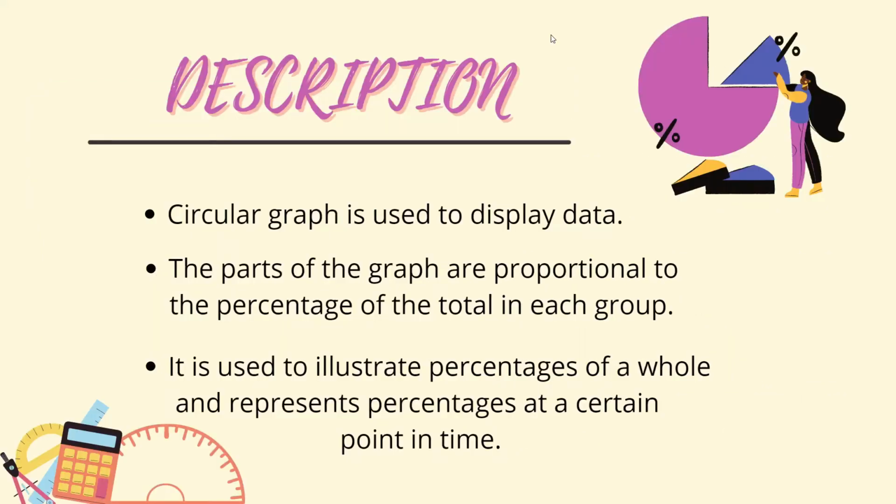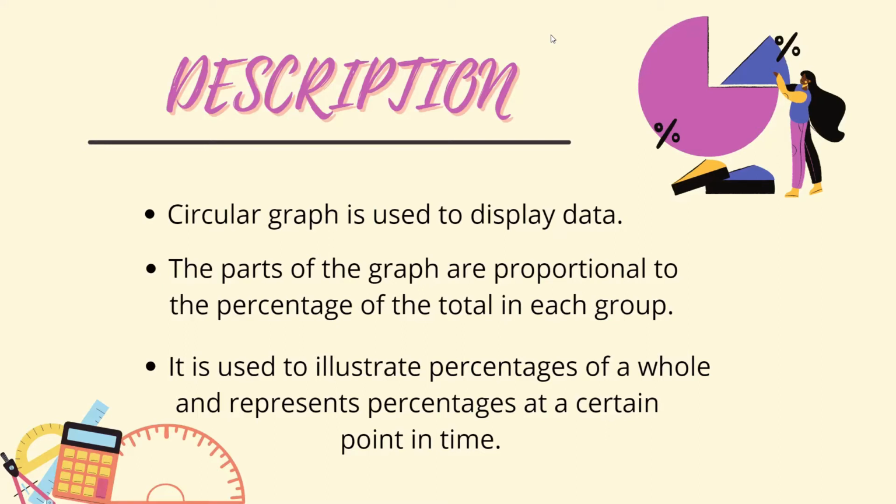So let's proceed to the description of a pie graph. A pie graph, which is also known as a circle graph, is a form of graph that uses a circular graph to display data and information. So the graph's parts are proportional to the percentage of the total in each group. In other words, each slice of the pie is relative to the size of the category in the group as a whole.